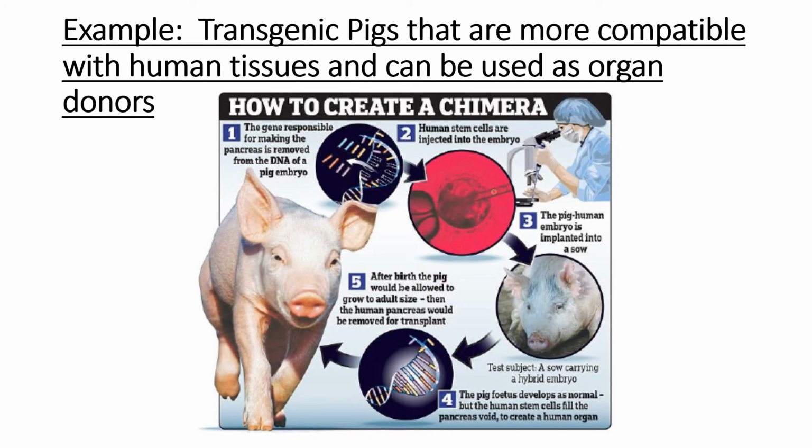Or transgenic pigs that are more compatible with human tissue. So pig tissue is pretty compatible with human tissue anyways, but basically making it so that you can have pigs growing human organs or very close to human organs to then be used as transplant. So this is giving an example of like a human pancreas being created in a pig and then being able to donate that pancreas to a human.